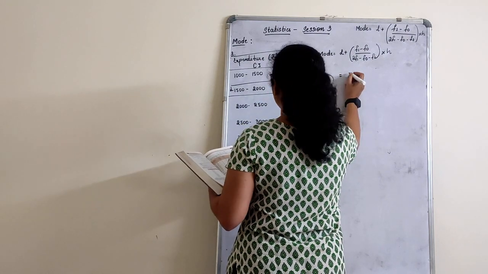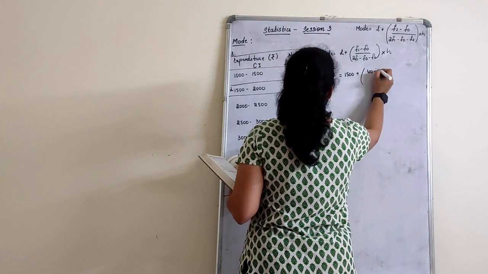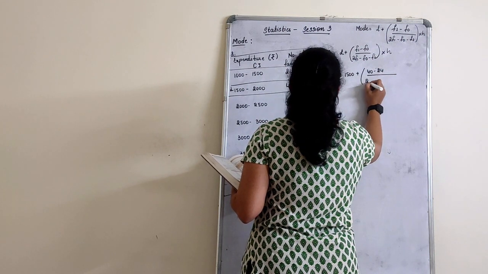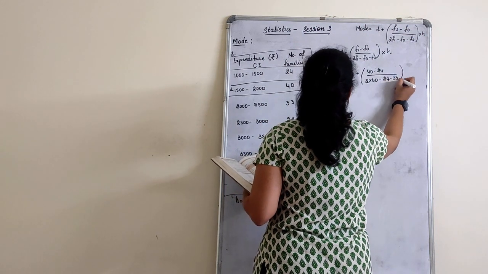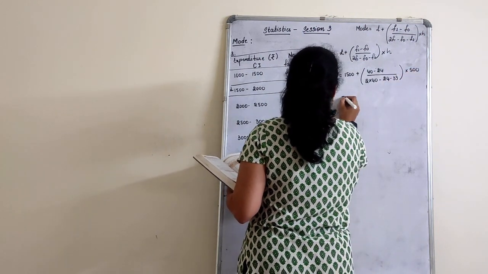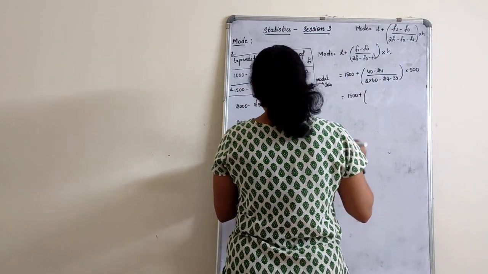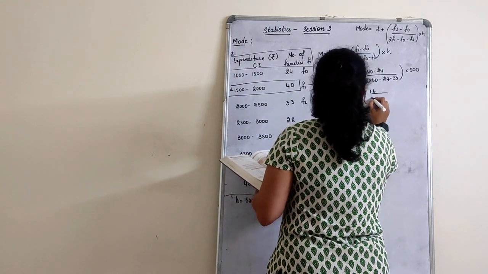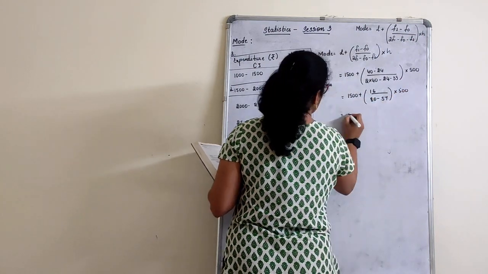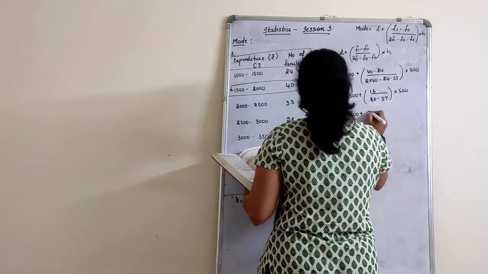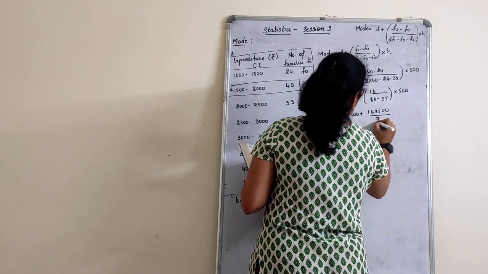So lower limit is how much? 1500 plus 40 minus 24 divided by 2 into 40 minus 24 minus 33, into 500. 1500 plus 40 minus 24, 16, divided by 80 minus 57, into 500. 1500 plus 16 into 500 divided by 23.